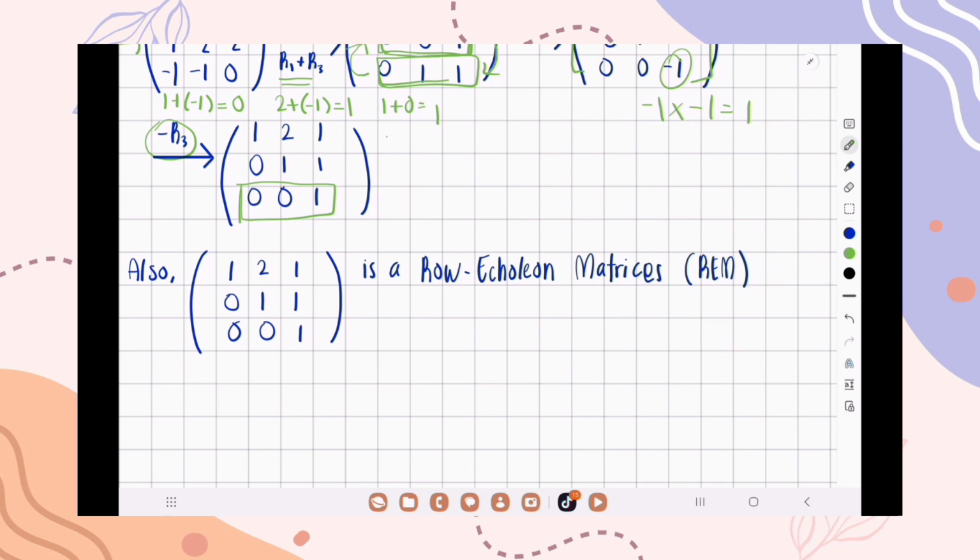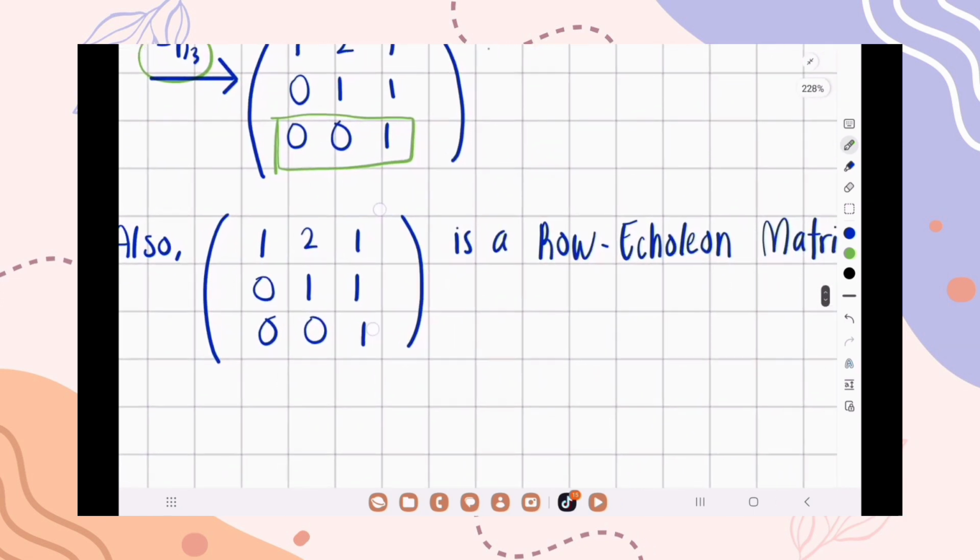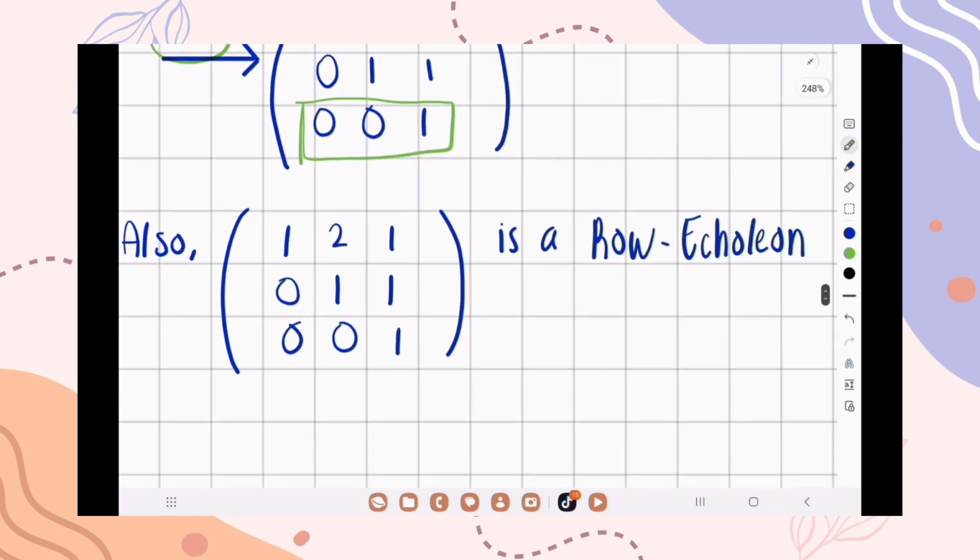This is also known as a row equivalent matrix because it consists of at least one non-zero row, and each of them has the leftmost non-zero entry in every row being 1, or we can also call this a leading one.